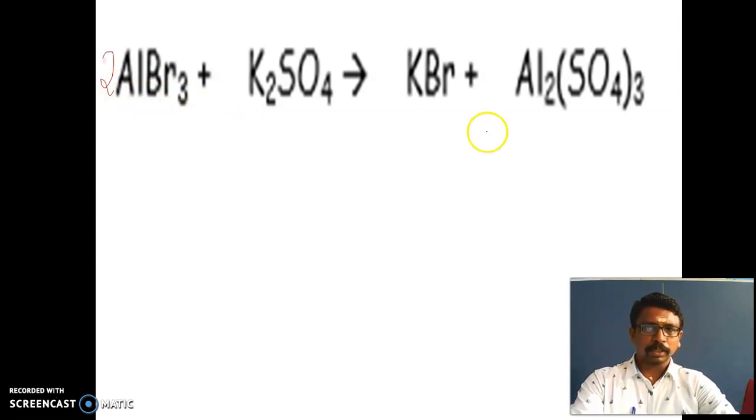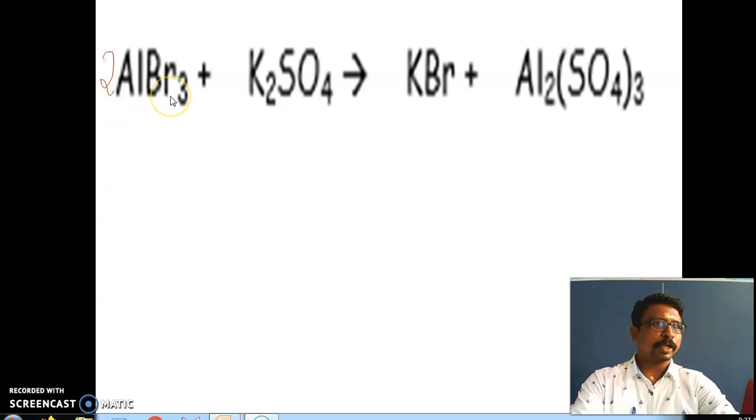But you can see, so here, see here children, it contains 2 molecules of aluminum bromide, so aluminum contains 2 number of atoms and bromide contains 6 number of atoms.